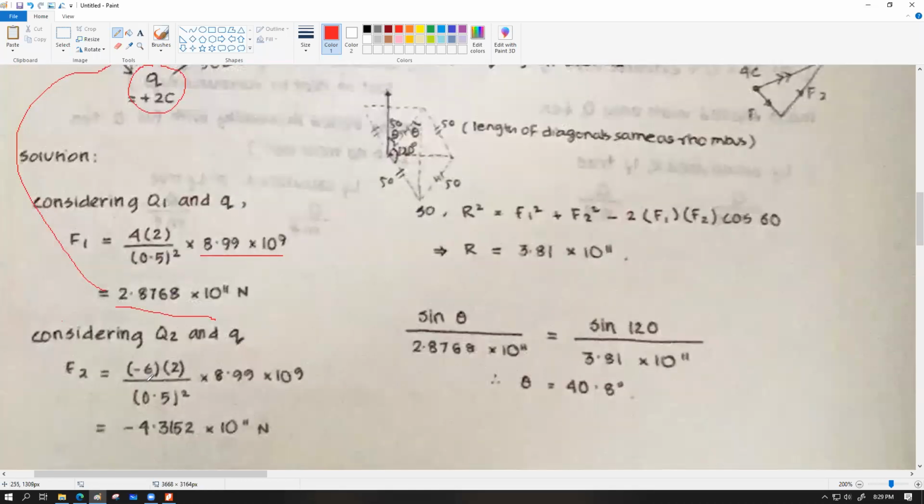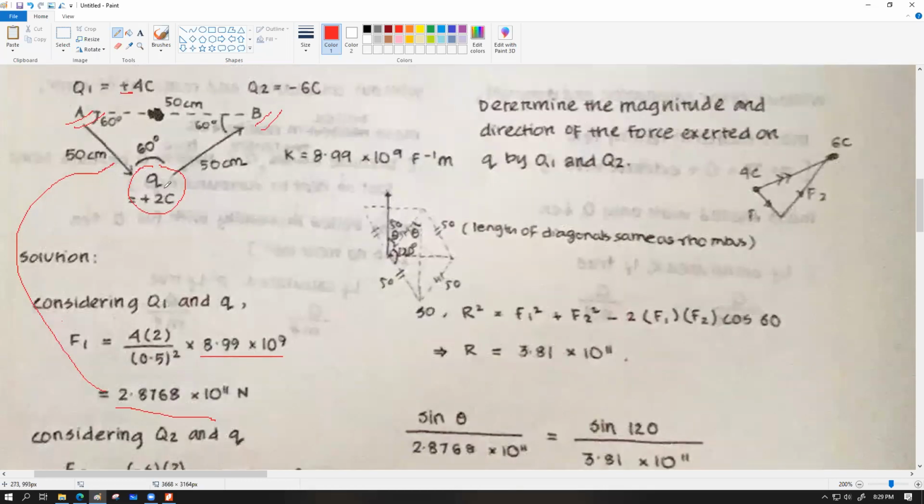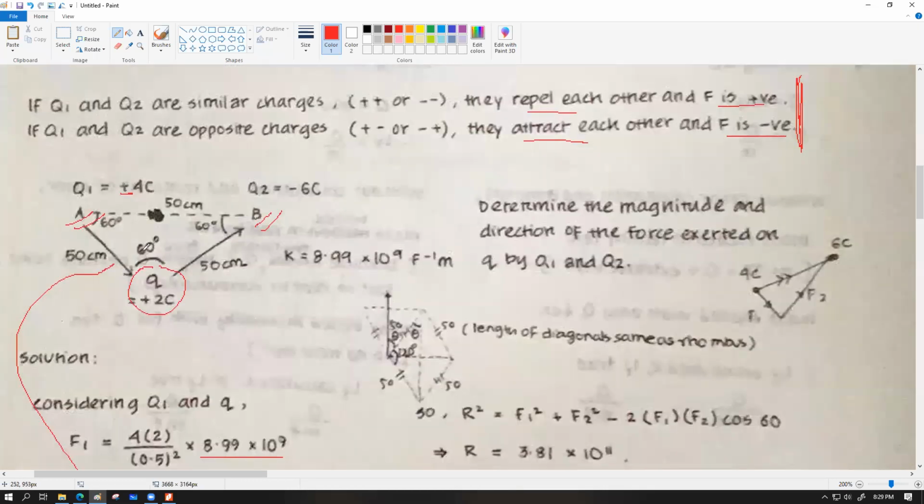Okay. So F2 over here was calculated to be a negative force, where the plus or minus simply represents the direction of the force. Because we have already determined the directions over here, downward left or upward right, we don't have to bother about the plus or minus for the vector diagram. But remember these two directions.